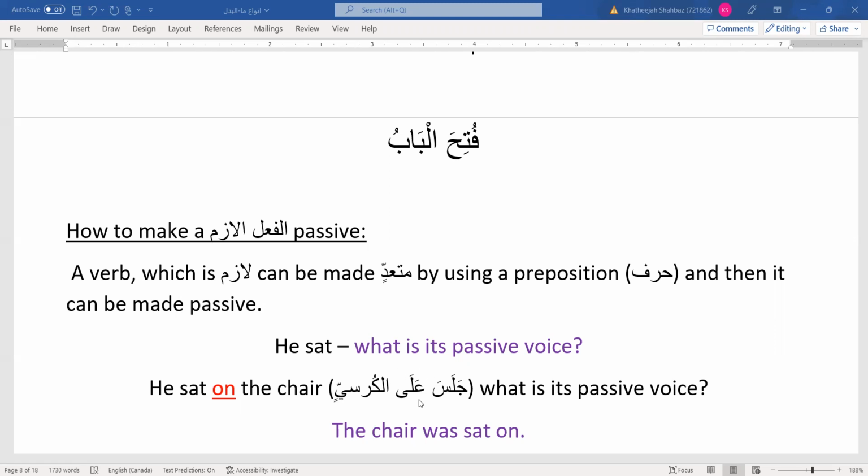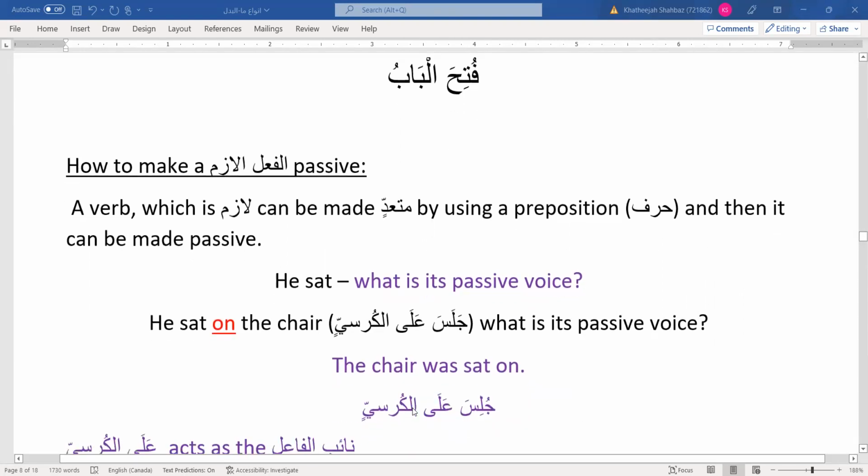Ala. Ala is a harf, a particle, on, or a preposition, you may say. So I used a preposition to change al-fa'ilul lazim into fa'ilul muta'addi, and then I was able to change that into a passive voice.